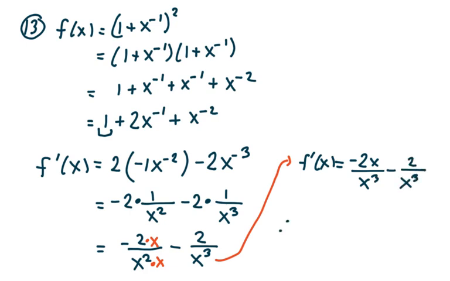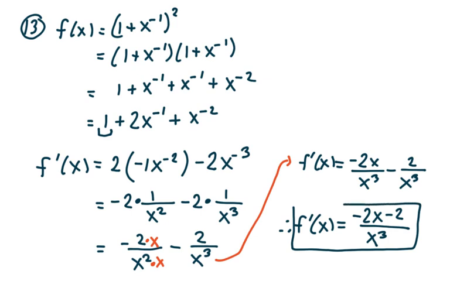And so, therefore, f prime of x is negative 2x minus 2 divided by x cubed. And it's a really nice way to express the derivative. And that's how we do number 13.